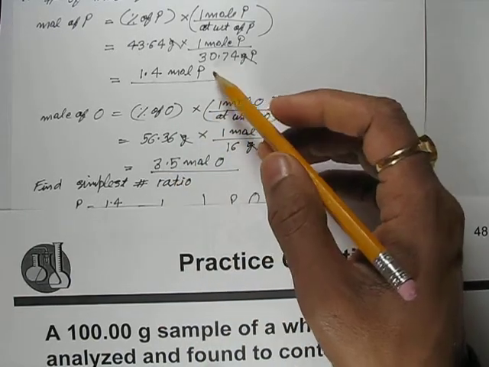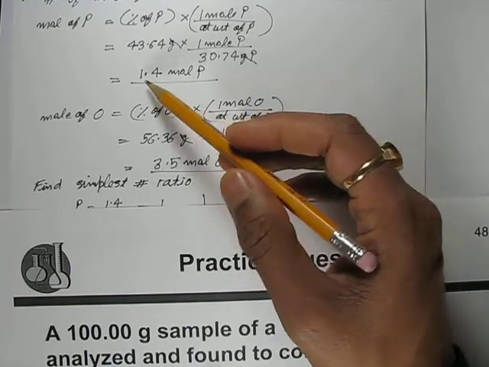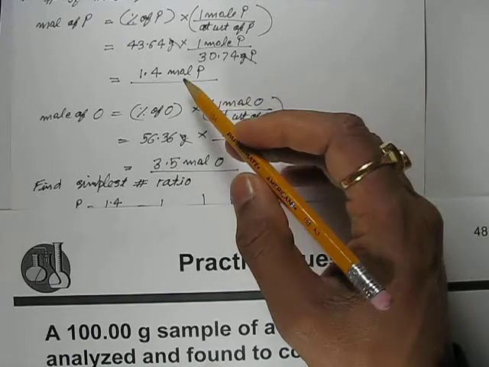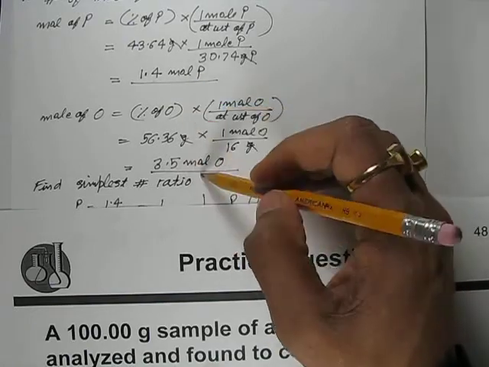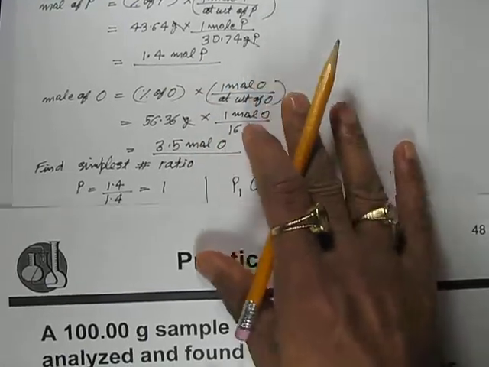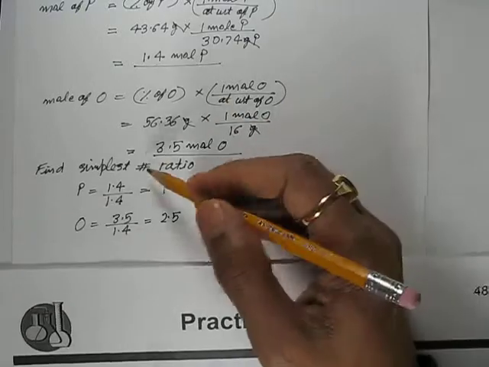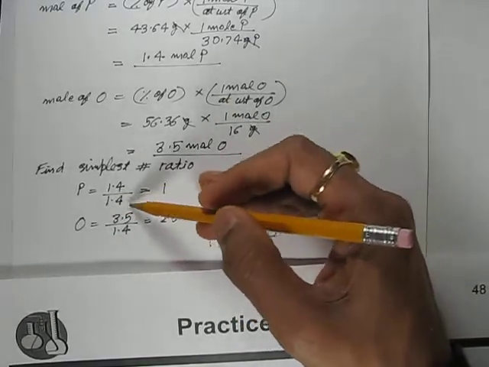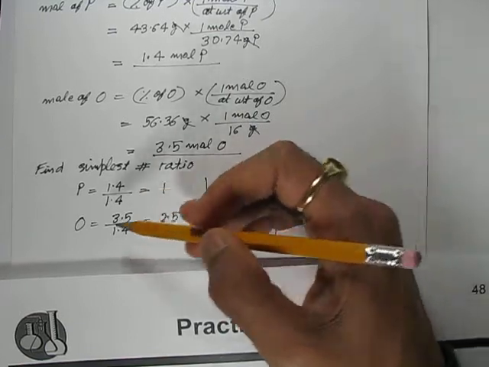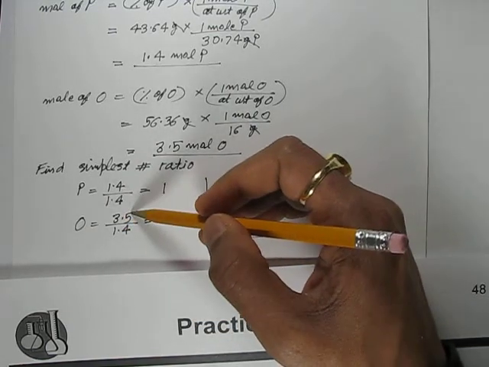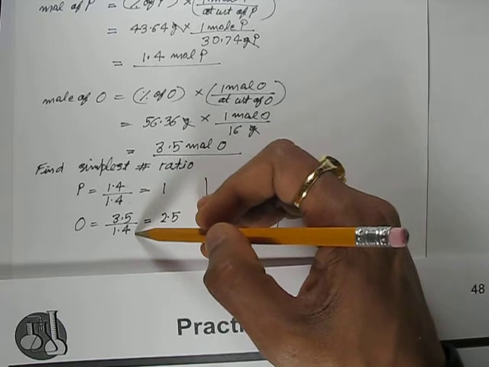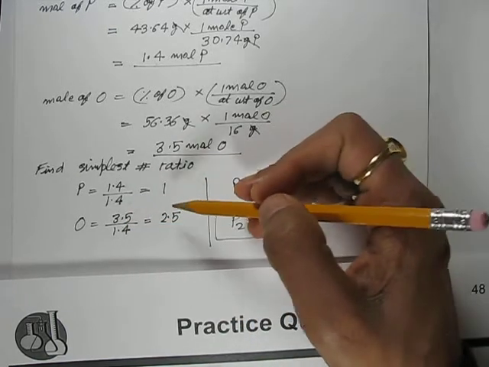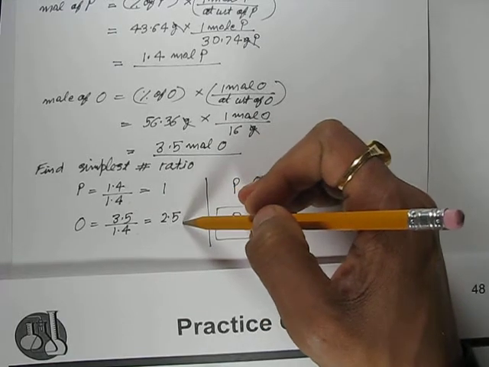So now we have the mole quantities of 1.4 mole of phosphorus and 3.5 mole of oxygen. Which is the minimum here? The minimum is phosphorus, 1.4 mole. So we'll use this number to divide both elements. Phosphorus 1.4 mole divided by 1.4 mole will come 1, and then oxygen mole divided by phosphorus mole, 3.5 divided by 1.4, will be around 2.5.